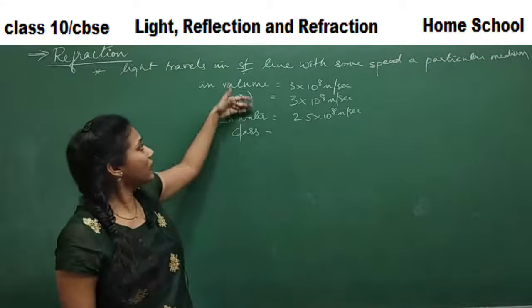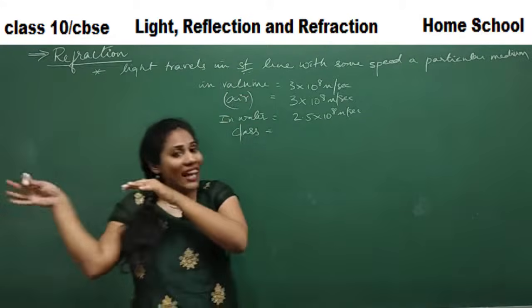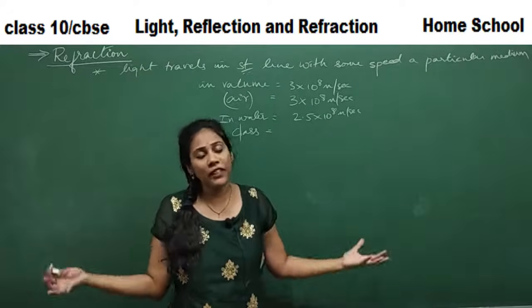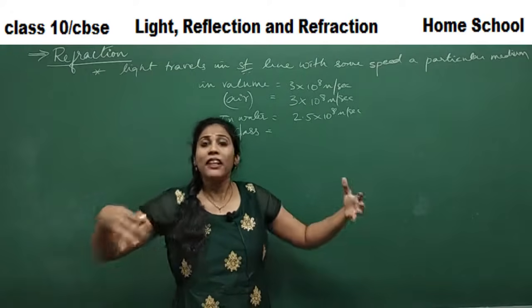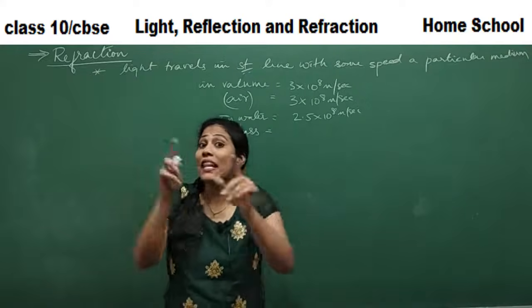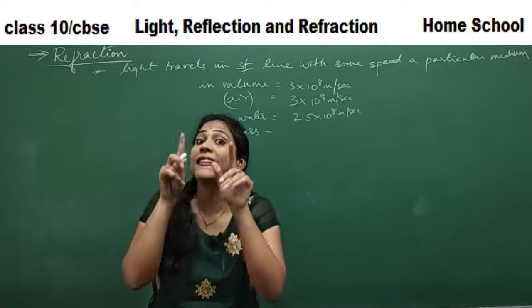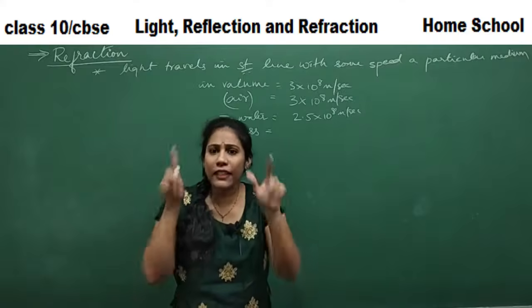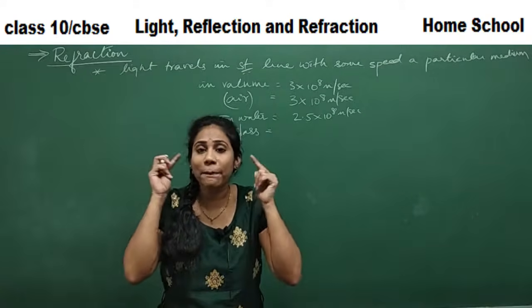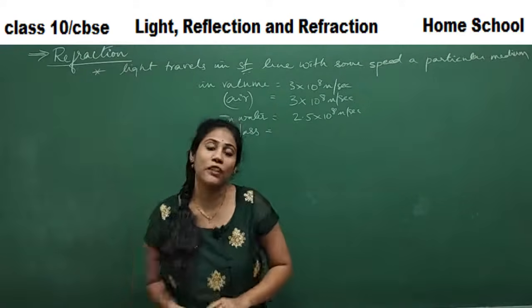In these materials, light can travel very comfortably. But in different media, light travels with different speed. That is a very, very important point to keep in mind for this phenomenon.